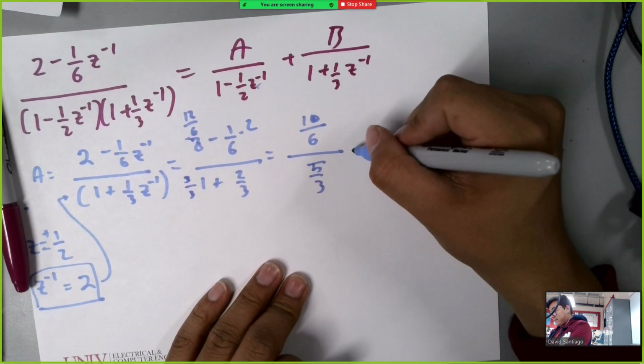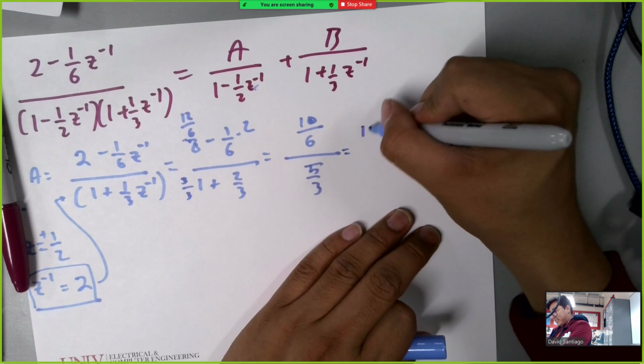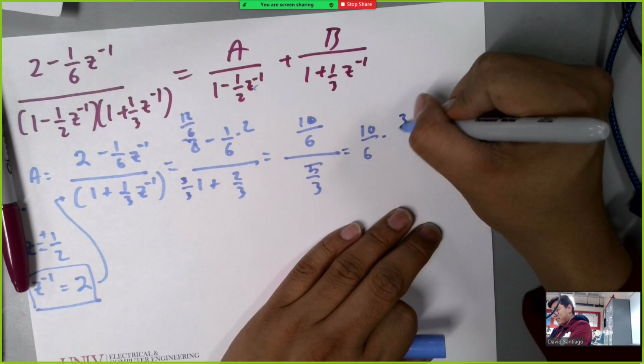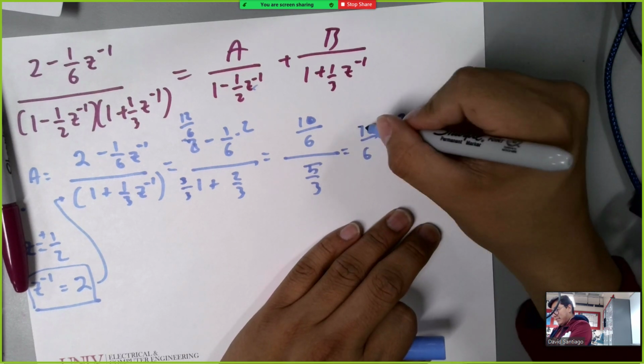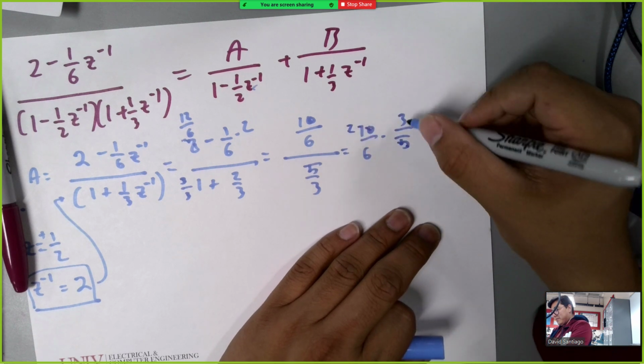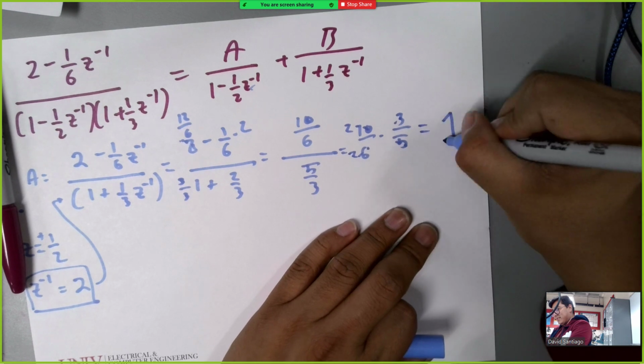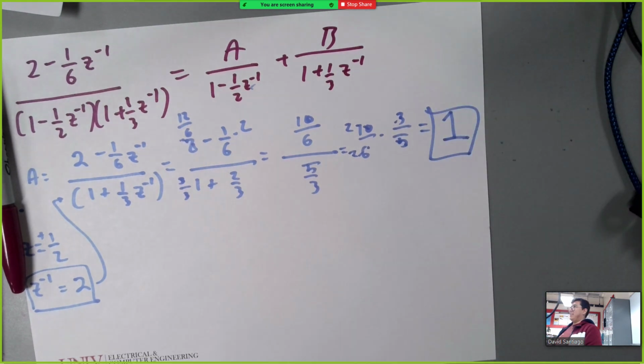And then, because I like doing the math like this, let's flip this, 3 over 5. This becomes a 2, and this becomes a 2. Cool.